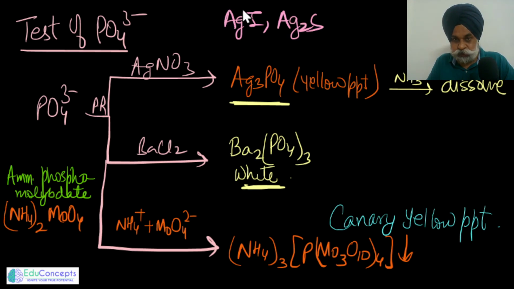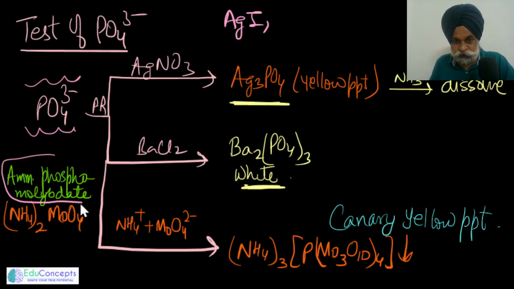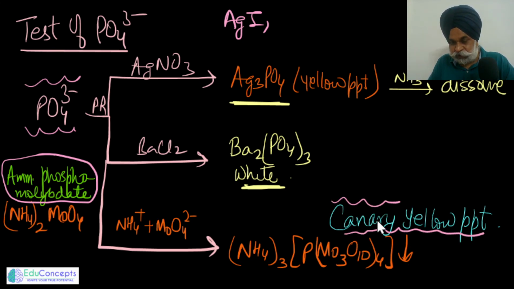These are the two species which generally do not dissolve in ammonia. Most importantly, phosphate ion detection is done with the help of a special reagent, ammonium phosphomolybdate. You need not remember its balancing, only remember that this particular word is very important: quaternary yellow precipitate. If quaternary yellow precipitate is written, it is referring to the detection of phosphate ion.